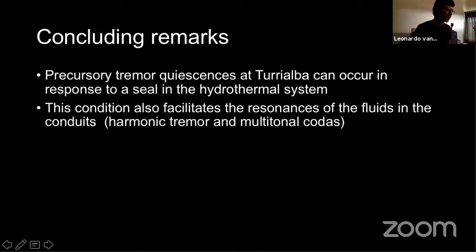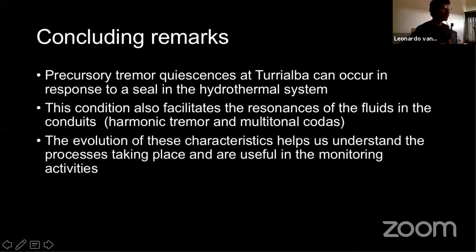And also this condition of a seal can facilitate the resonances, because we have more pressure to create these resonances, both harmonic and multitonal codas. And the evolution of this characteristic, as has been shown, is very interesting and important to see, to understand these processes, and also to monitor the activity of the volcano.